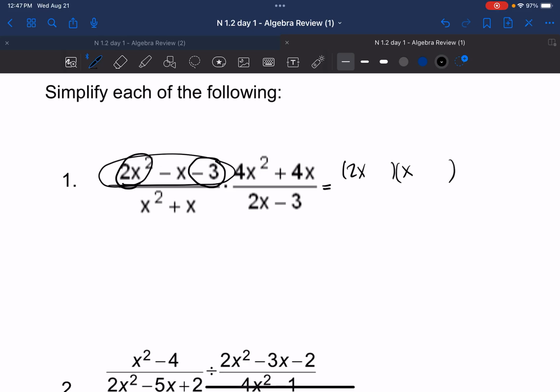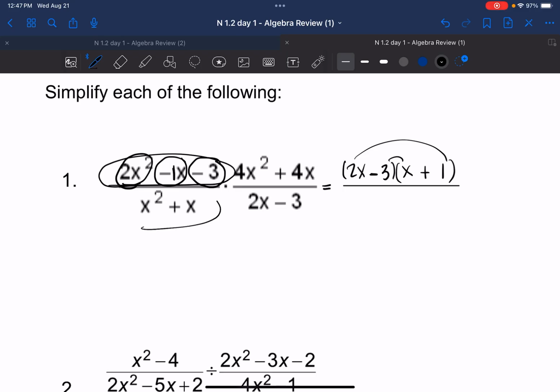So I know I want to use 3 and 1, and it has to add to give me -1 right here. So I'm going to need to put the 3 here and the 1 here because this would give me 3x and 2x if I multiply here and here. And as long as the 3x is negative and the 2x is positive, that would add to give me -1x.